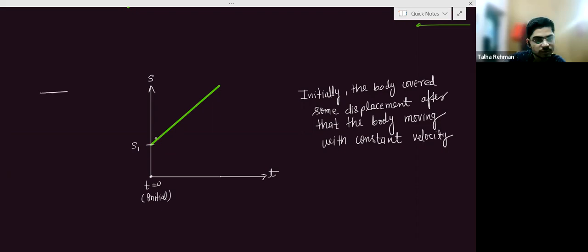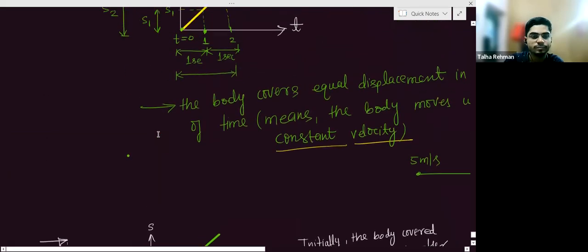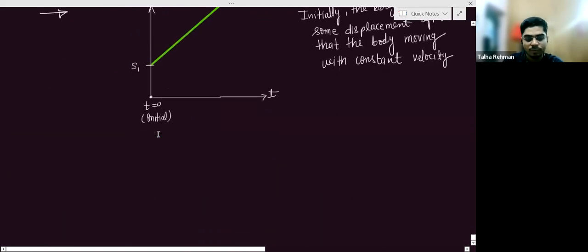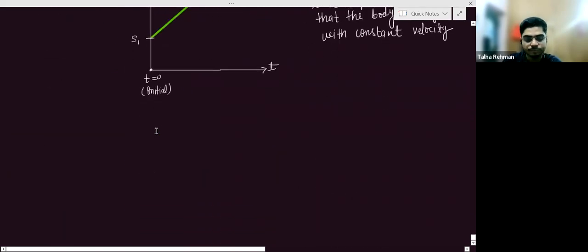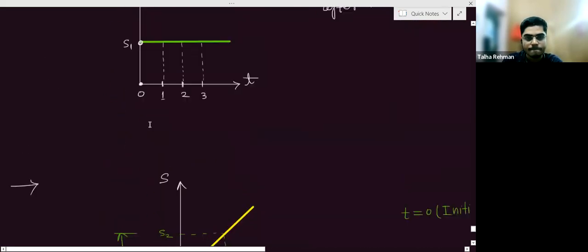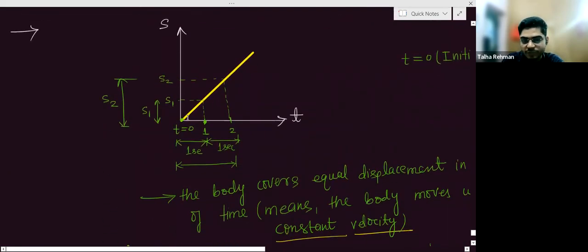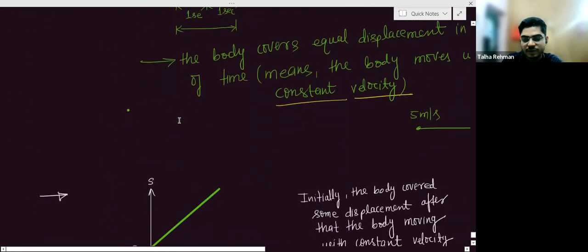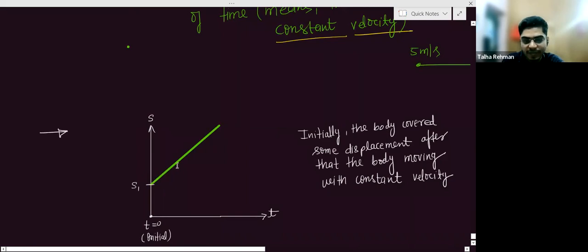Body is moving with constant velocity. So if the graph is a straight line, a straight line like this, then we can say the body has uniform velocity or constant velocity.